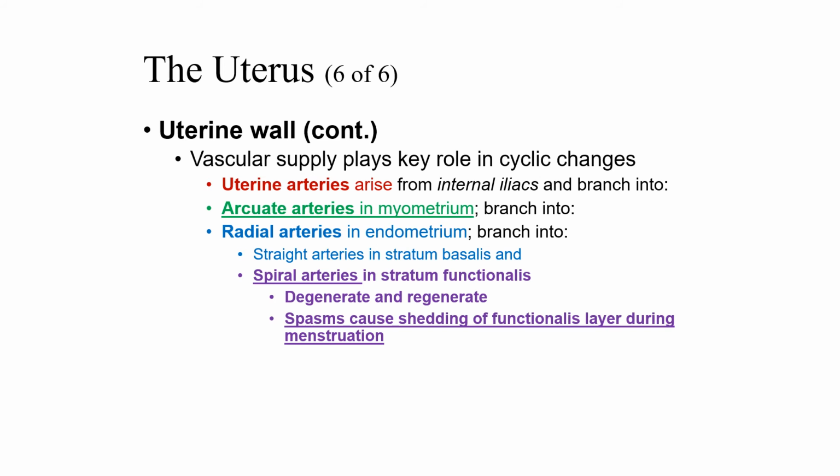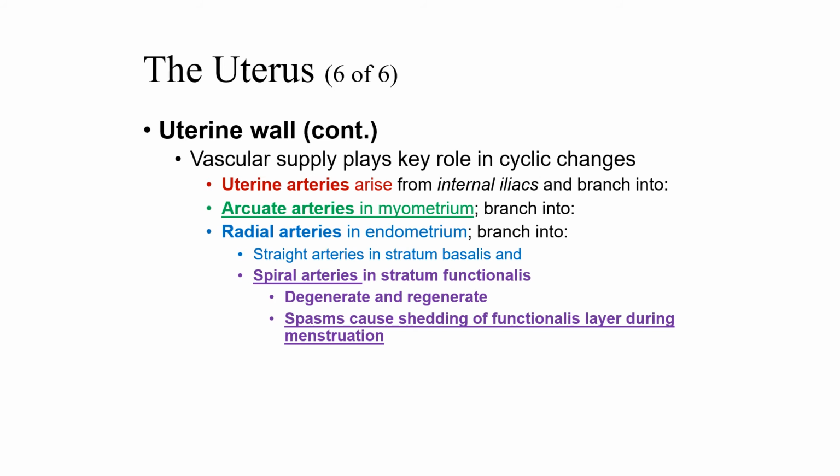The uterine arteries come off from the internal iliacs, and once they reach the uterus, they're going to branch into the arcuate arteries in the myometrium, and then once we reach the endometrium, they become the radial arteries. You need to know radial arteries are in the endometrium.